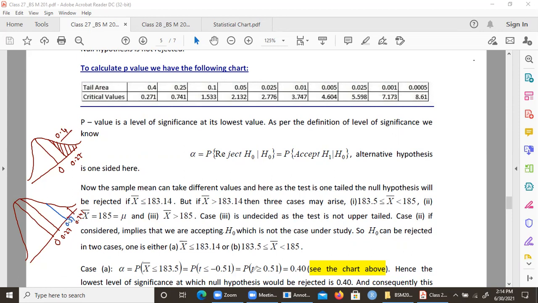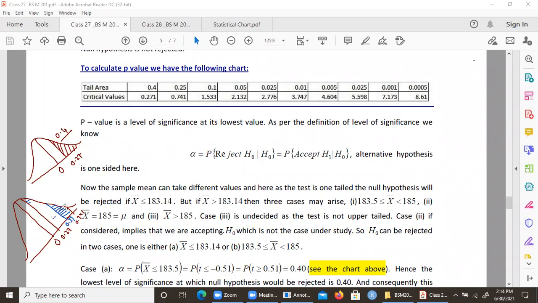Now what have I got? What is the probability that this critical value will exceed 0.51? 0.51 is falling inside the area given by this critical value, whose area is 40%. I am actually interested in this area, but you see this is not a normal curve and you cannot calculate this area exactly.